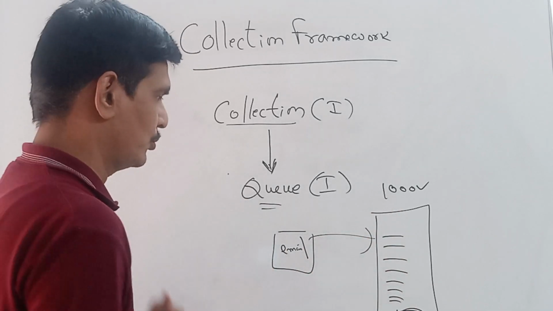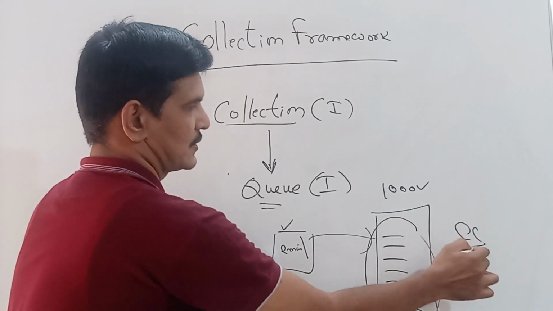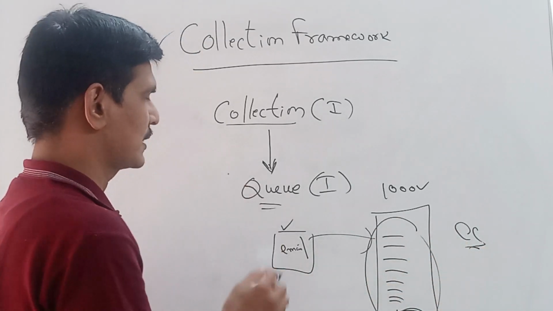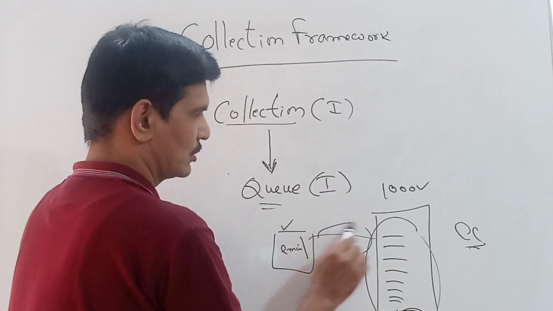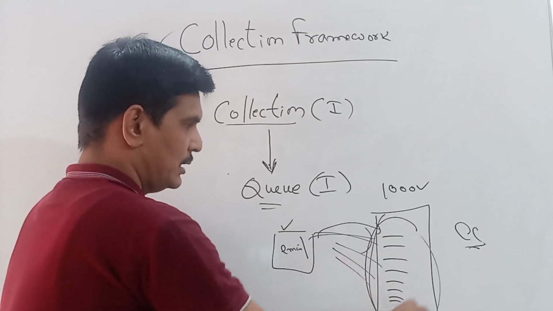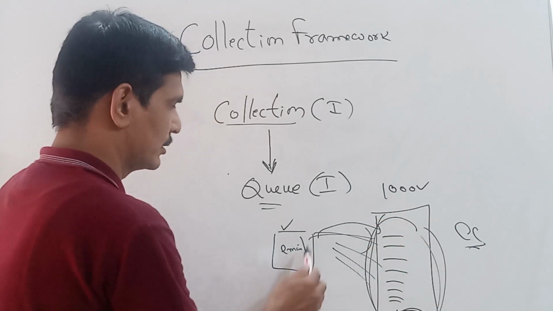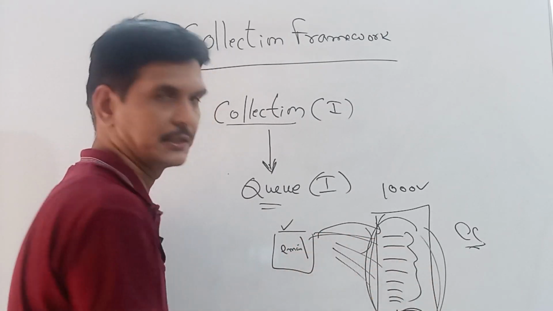When I send this email and put all these email IDs in my CC list, the email will not go to everyone at the same time. First it will be sent to the first person, then the second, third, fourth and fifth. So a queue will be maintained and the same email will be sent to multiple people one after another.